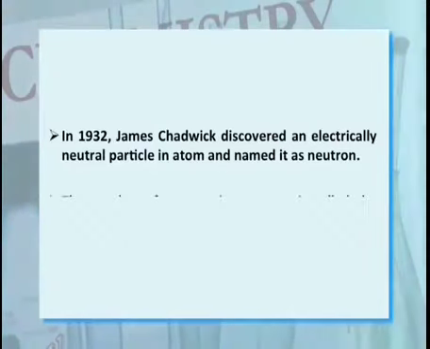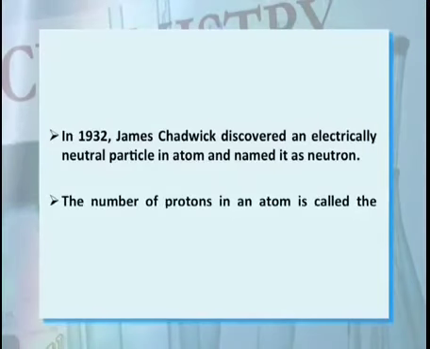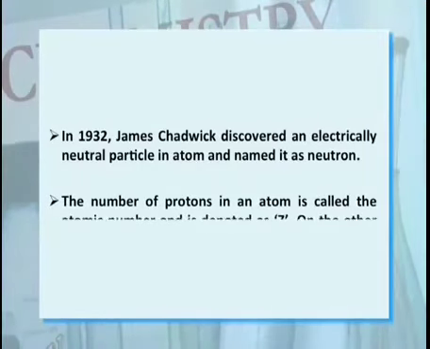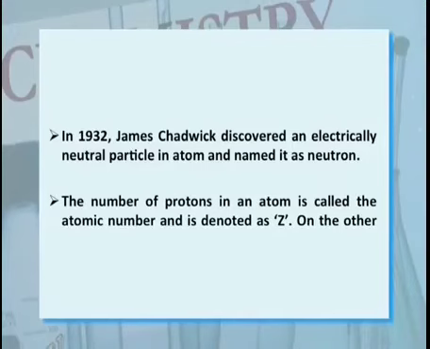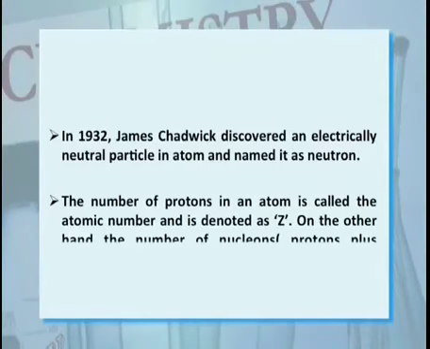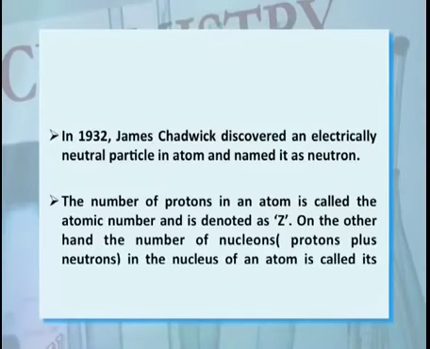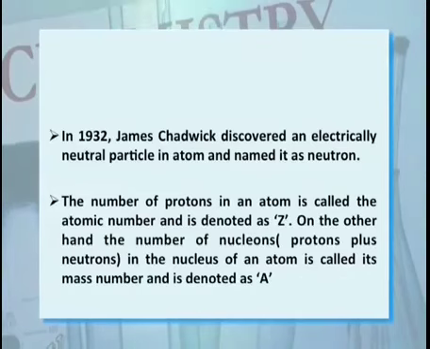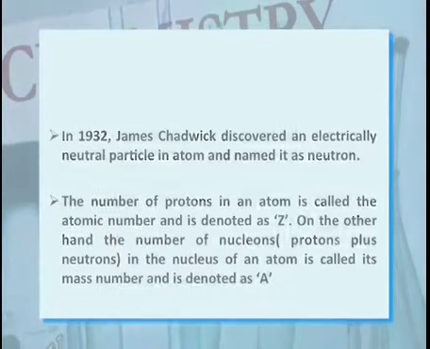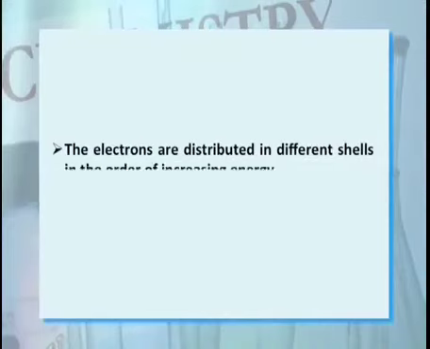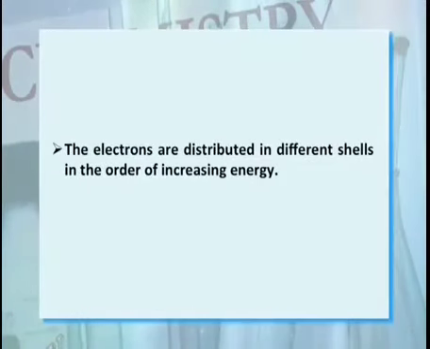The number of protons in an atom is called the atomic number, and it is denoted by capital Z. On the other hand, the number of nucleons, that is protons plus neutrons in the nucleus of an atom, is called its mass number, and it is denoted by the symbol capital A. The electrons are distributed in different cells in order of increasing energy.